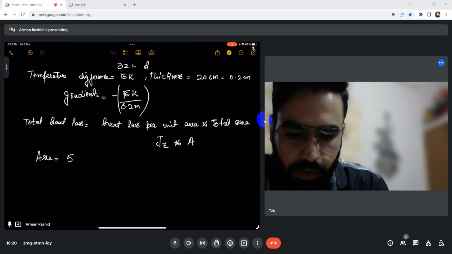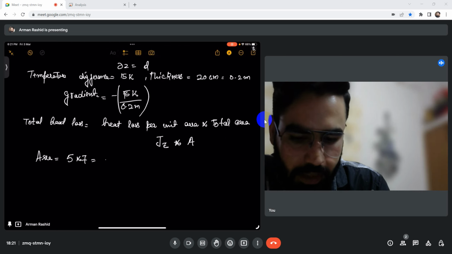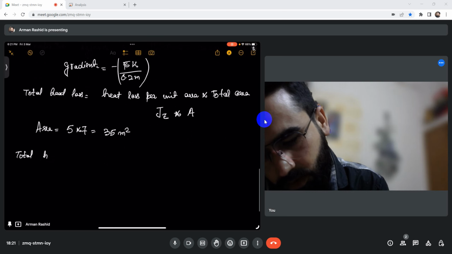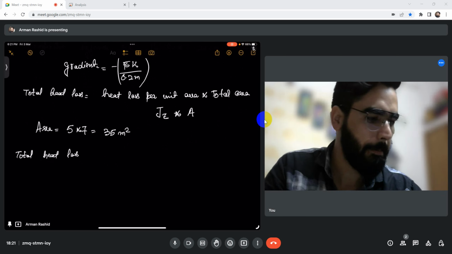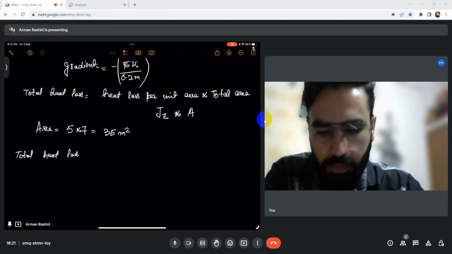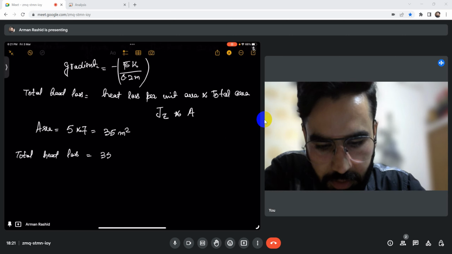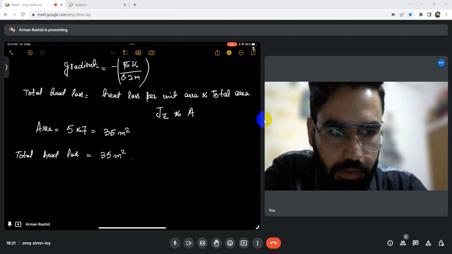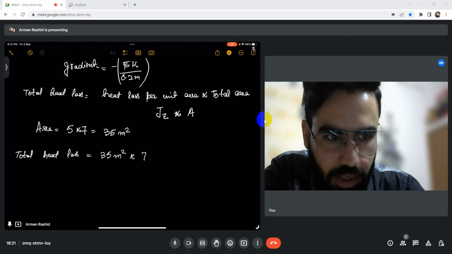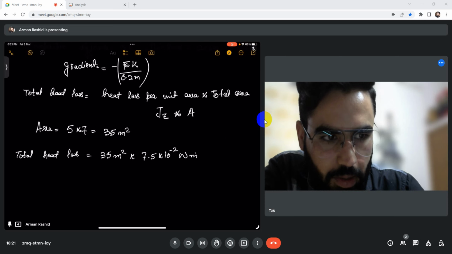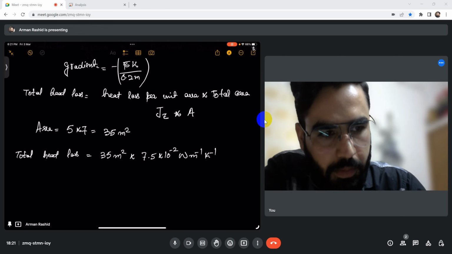The area they have given is 5 multiplied by 7, length and breadth, which is 35 meter square. So the total heat loss will be equivalent to 35 meter square, multiplied by 7.5 into 10 to the power minus 2 per meter per Kelvin.